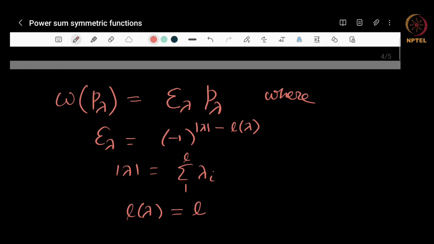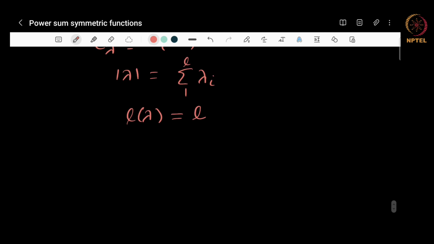But the beautiful thing here is that omega acts in a very, very simple manner on the power sum symmetric functions. On the E's and the H's, it did some kind of funny interchange, right? E's went to H's and H's went to E's and so on. But in this case, what it does is just multiply by either plus 1 or minus 1. So that's a nice thing about omega.